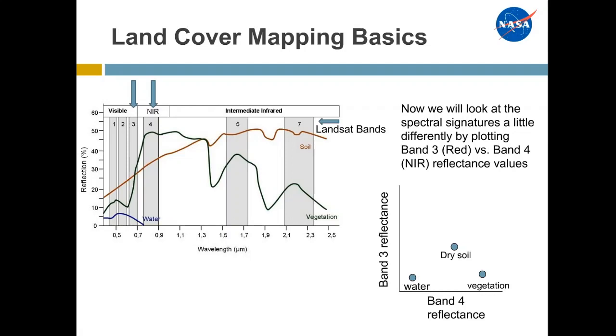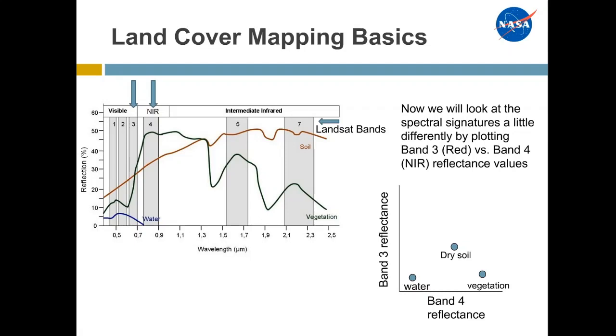In the graph on the right, we've plotted band 3, the red wavelengths, against band 4, near infrared. Looking back at the graph on the left, if we just look at water, you will notice that the percent reflectance is low in both band 3 and band 4. If you plot that information on the graph on the right, water will appear in the lower left-hand corner, low band 3 and low band 4.